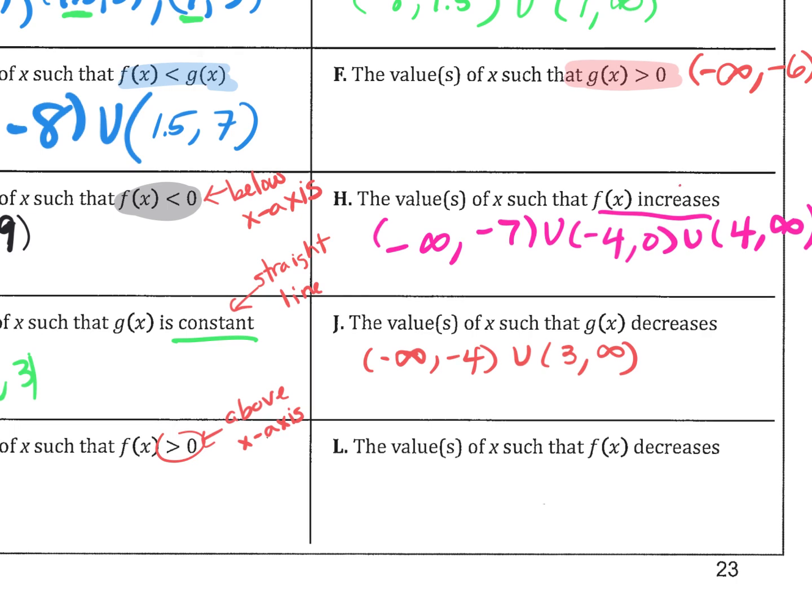Increasing means going uphill. Decreasing means what? Going downhill. Greater than 0 means above the x-axis.